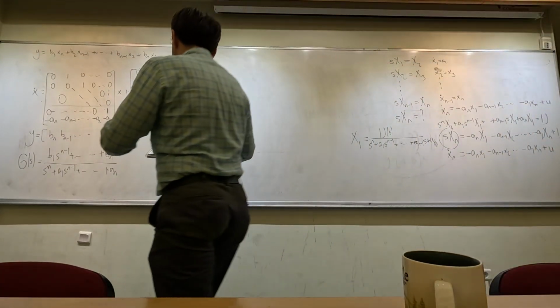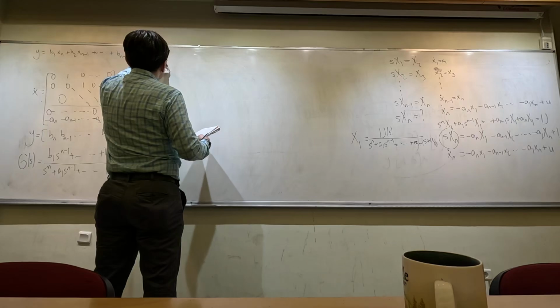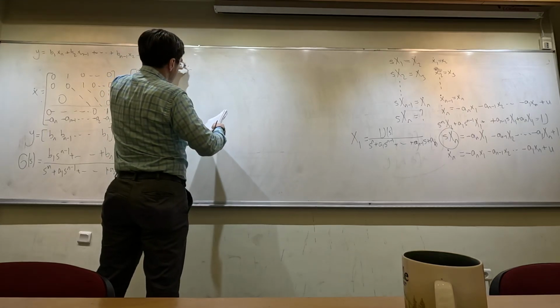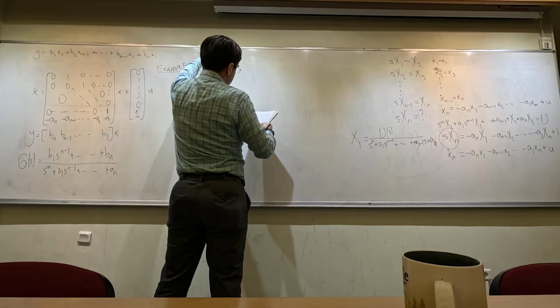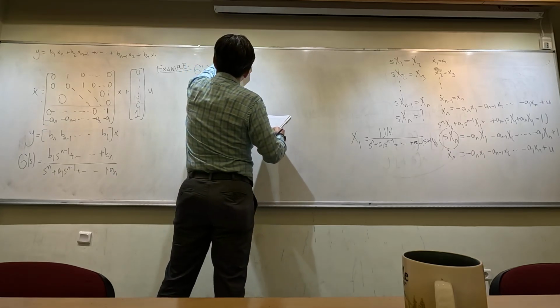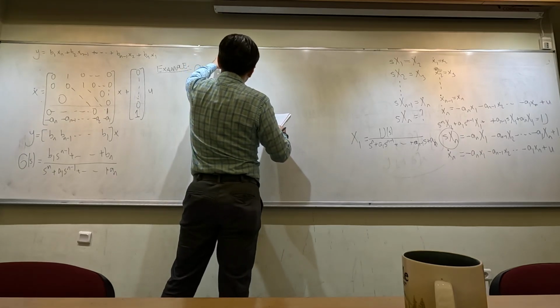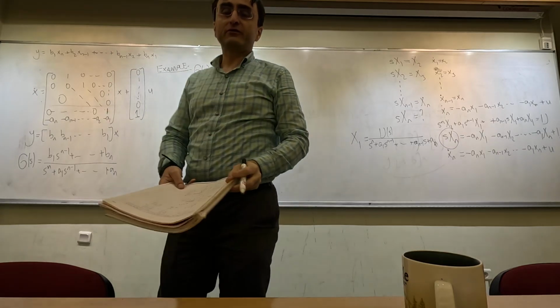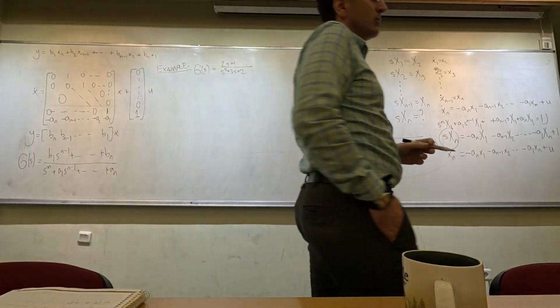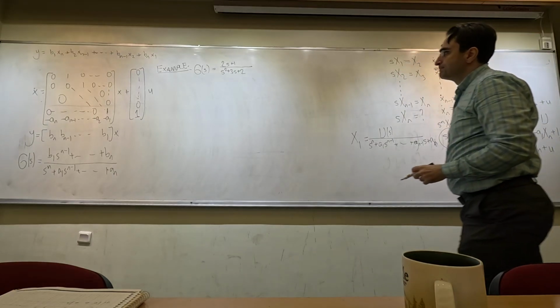So here let us look at some examples. I need to find the state space representation given in controllable canonical form. Okay?